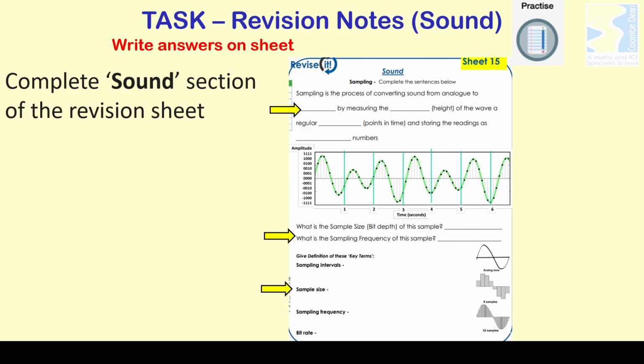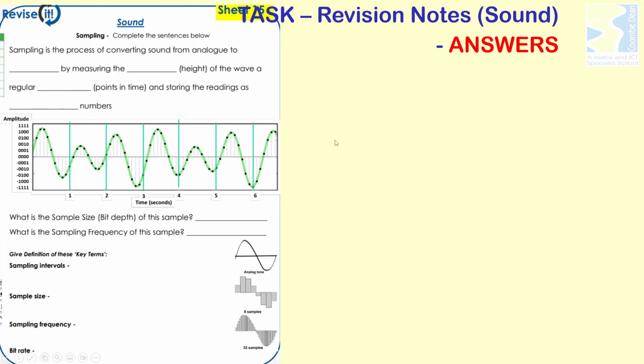Okay, hopefully you've paused. Time to check your answers. Let's go through this. Check and correct if necessary. Sampling is the process of converting sound from analog to digital by measuring the amplitude, the height of the wave, at regular intervals, points in time, and storing the reading as binary numbers.